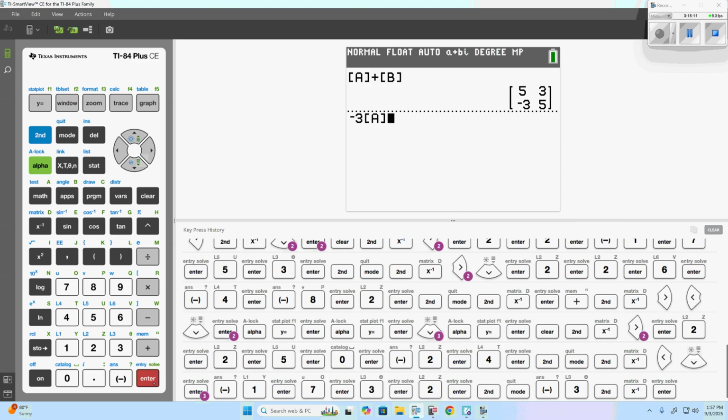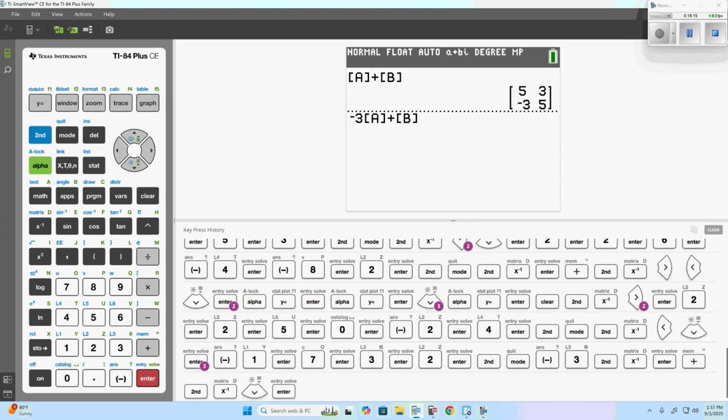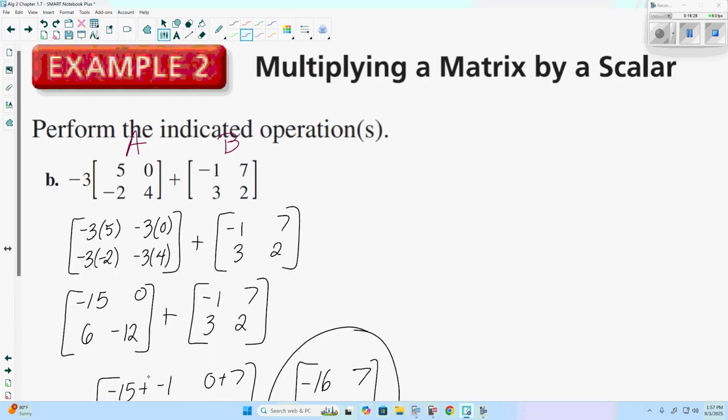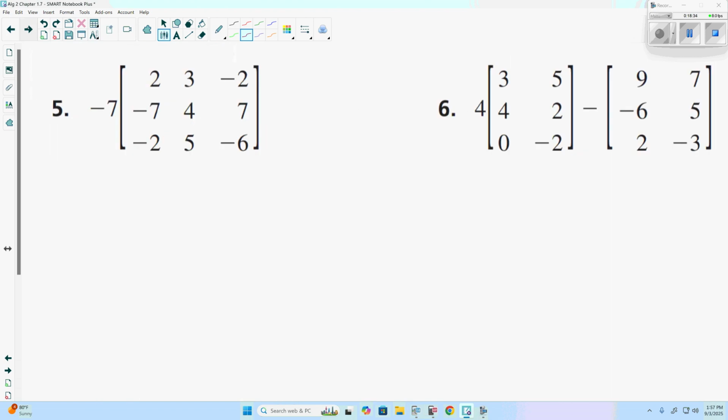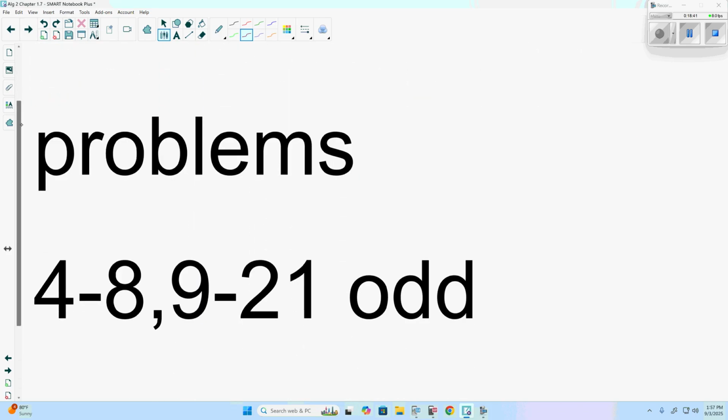And then we added to it second matrix B. The exact same thing we got, yes? And that's it. The calculator does the same thing. Any questions on this here? Do we need to see another example of one of these here? We feel good with these here? All right. That's it.